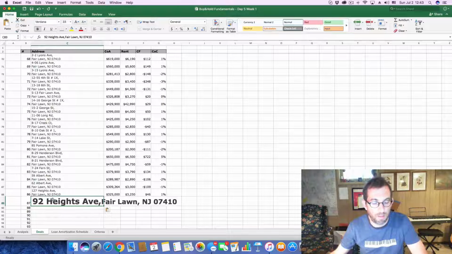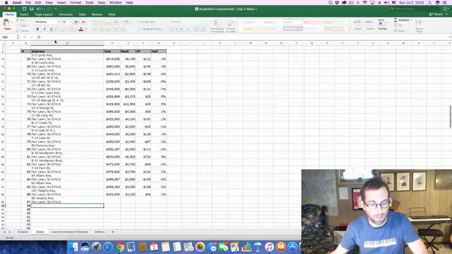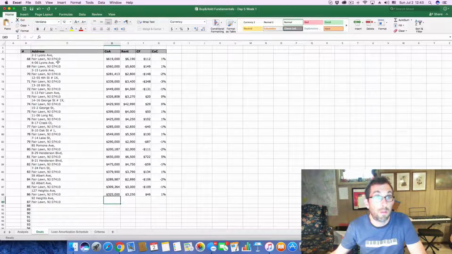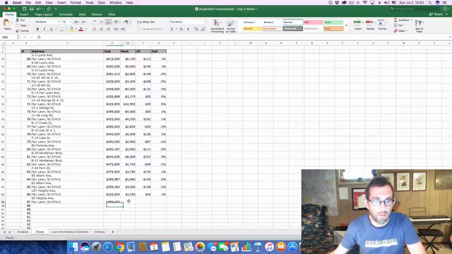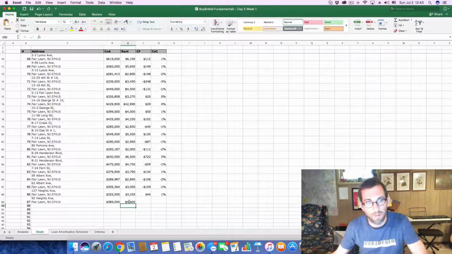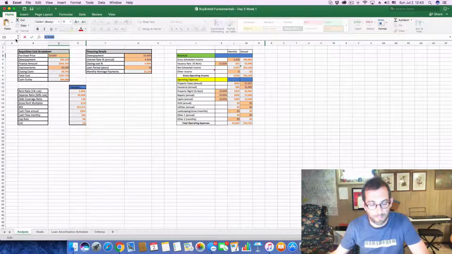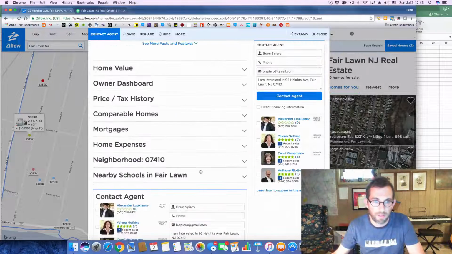That looks like a duplex. Still highly doubt you'd get 2,000 a side, but hey, let's have a look. How are we for taxes?